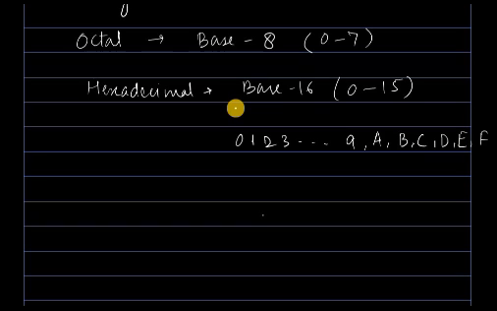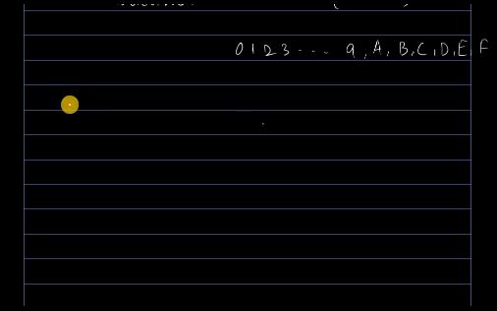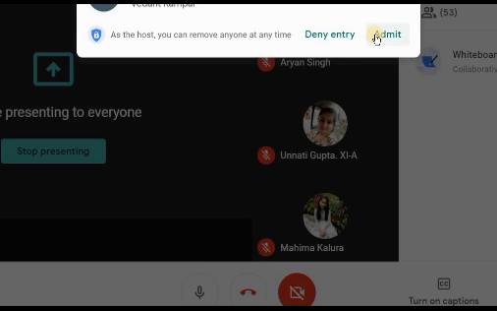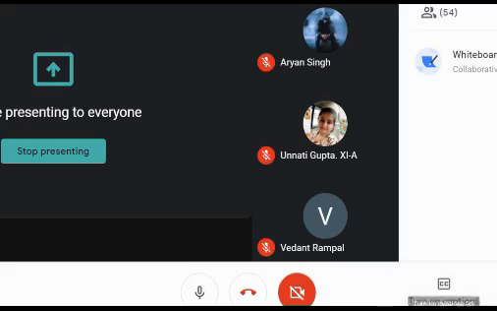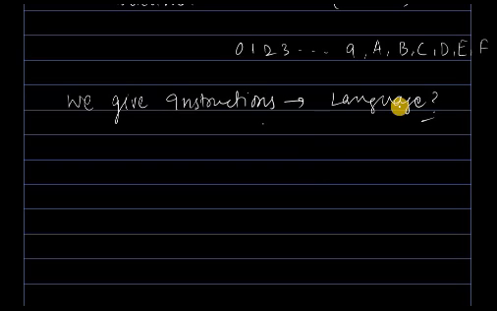Now let's understand a concept. We always instruct the computer, right? So we give instructions to the computer. When we give instructions to the computer, what language do we use? Because we are giving commands, we are opting for some menus, so all the time we are actually giving instructions to the computer, right?